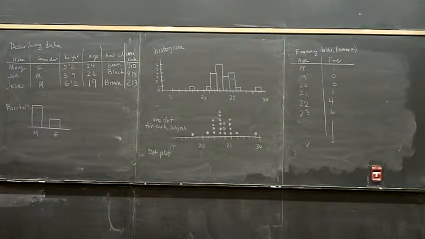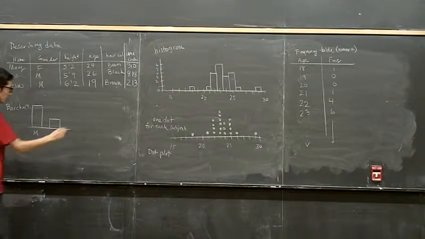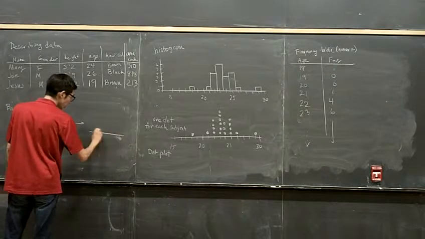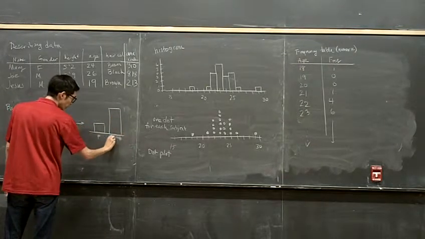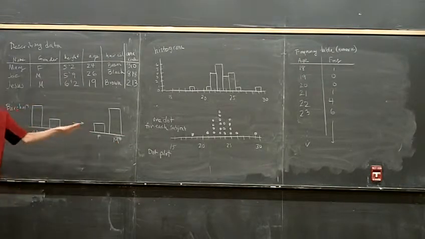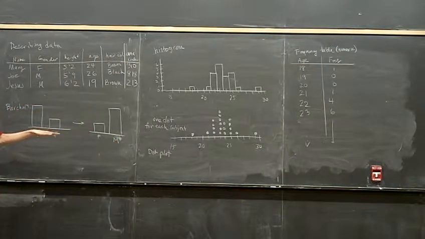With a bar chart, especially if it's a nominal category, the order can be changed, and I can put F over here and M over here, and it's equally valid. I could rearrange the categories, and the information is exactly the same.